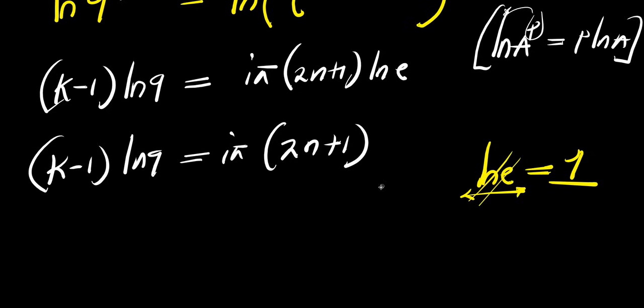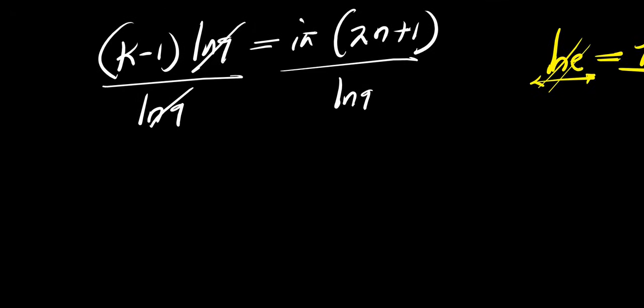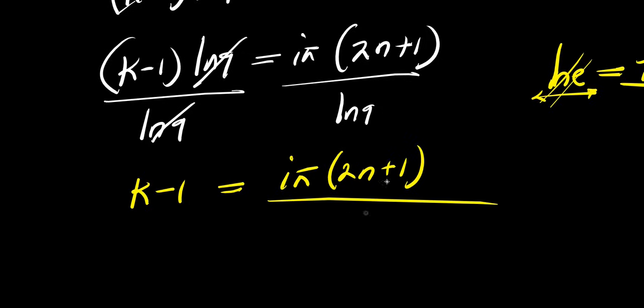Now, what we are doing here is we are solving for k, so I can divide this by natural log of 9 and divide this by natural log of 9. Let's eliminate this, right? So, what we are going to have left will simply be k minus 1 equals I times pi times 2n plus 1 divided by natural log of 9.